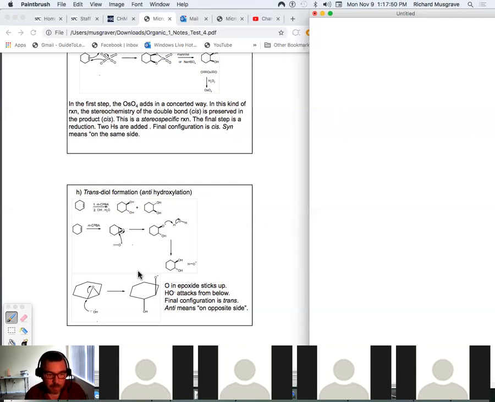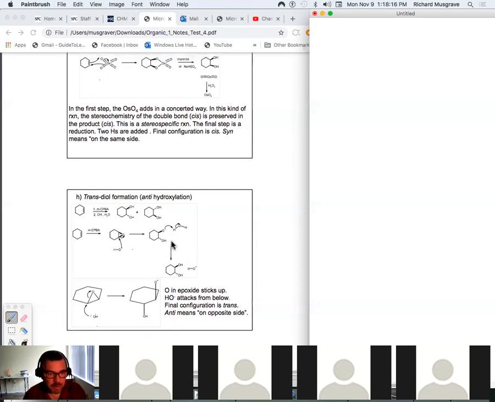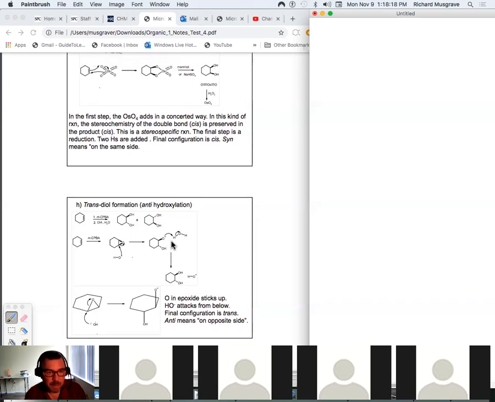Because when we form the epoxide, and you can see it here on the slide, the O points up above the ring, which means the OH minus comes in from underneath, and we end up getting that very specific trans stereochemistry. In the final step, the O minus takes a hydrogen off water, and we end up getting the trans diol as a product.